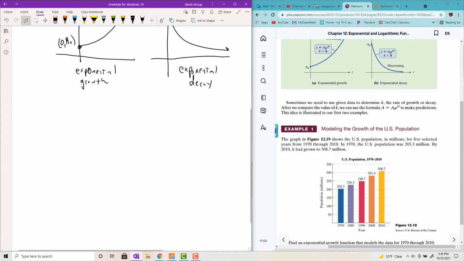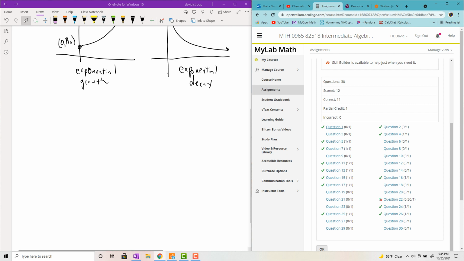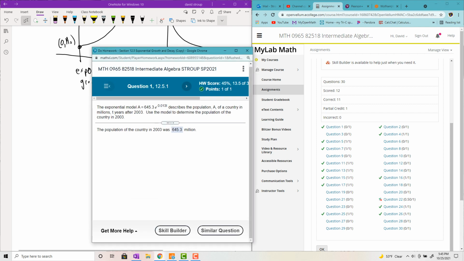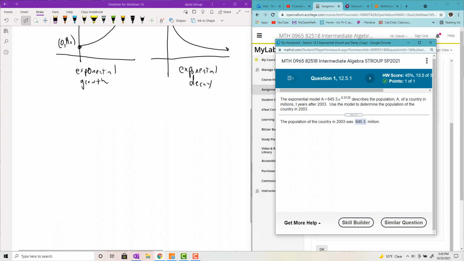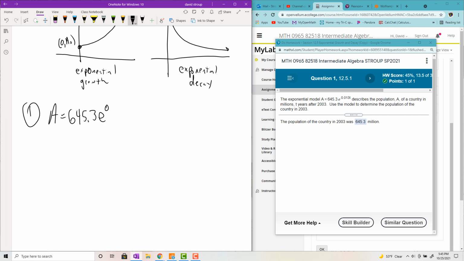All right, so let's look at the first problem in the homework. They give you an exponential model, A equals 645.3 e to the 0.013 t.